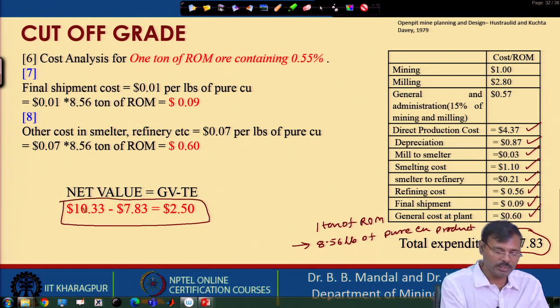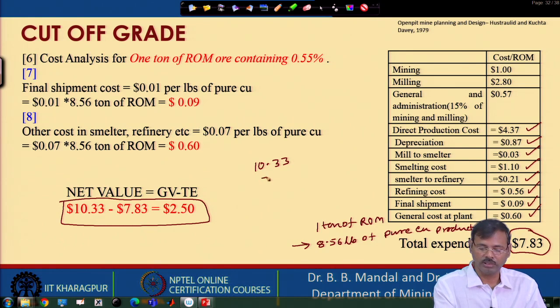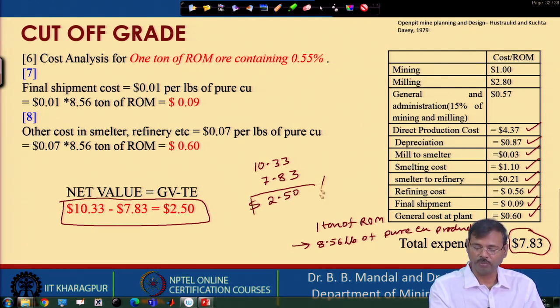Now, what is our income? Income is 10.33, cost is 7.83. This shows there is a profit of $2.5 by mining 1 ton of ROM.